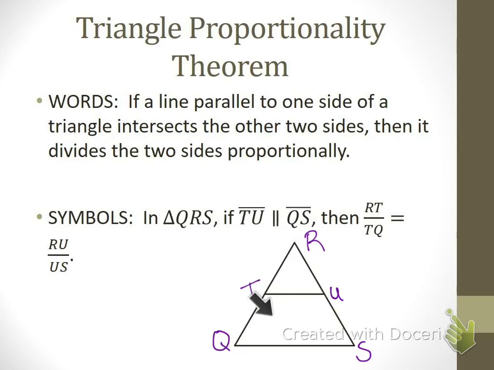If TU is parallel to QS and it's touching the other sides of the triangle, then it divides the sides proportionally. So RT compared to TQ, it's dividing that side, is equal to RU compared to US, dividing the other side. I'm going to write this up here just so it's not split. RU, US.